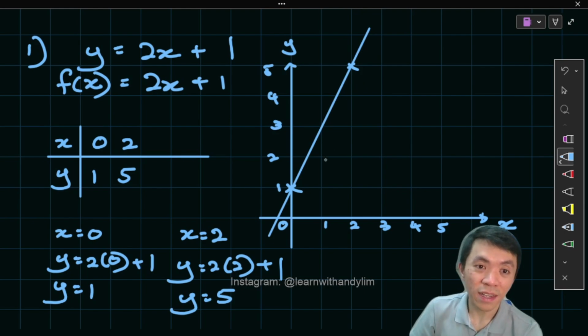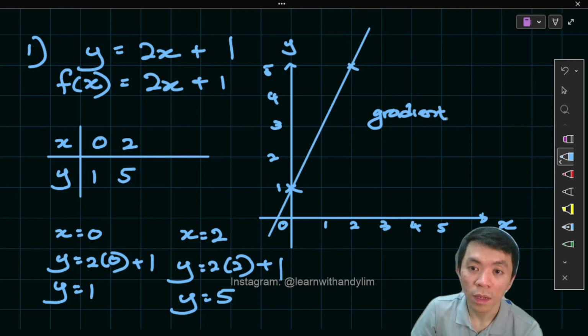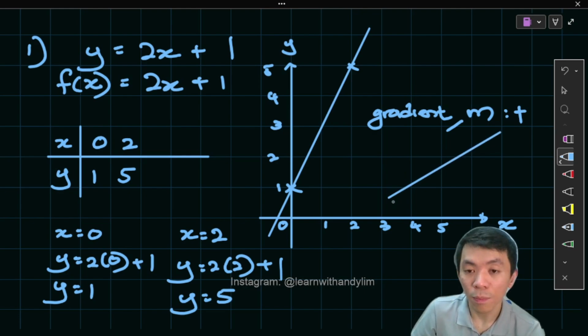Let's look at the second example. In this first example, it has a positive gradient. My gradient, which is denoted by m, is positive. When I have a positive gradient, my line will look like this. It will go from the bottom left to top right.